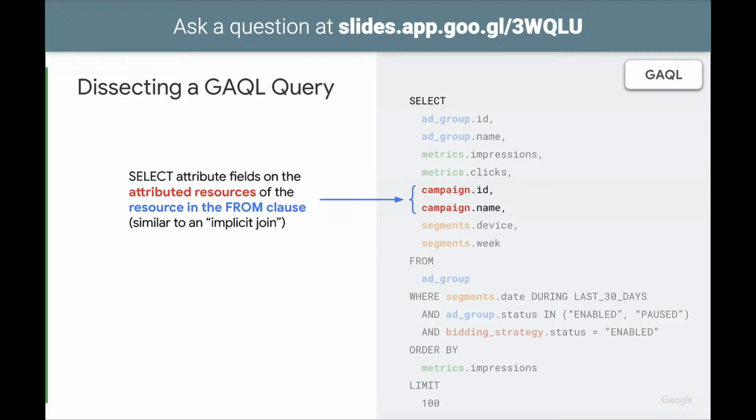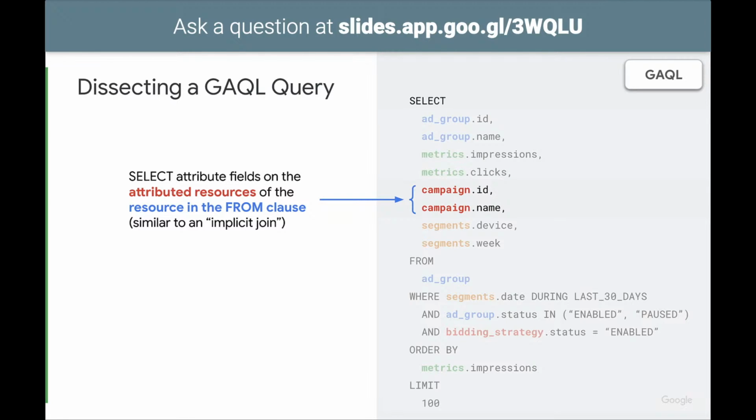Next, we have attributed resources, and this is what I've referred to as implicit join. We don't have joins in Gackel, but instead we have this attributed resources feature. If you think about it, every ad group has a campaign because every ad group is associated with a campaign. Each campaign can have many ad groups, but each ad group can only have one campaign. Similarly, every ad group can only have one customer, one bidding strategy.